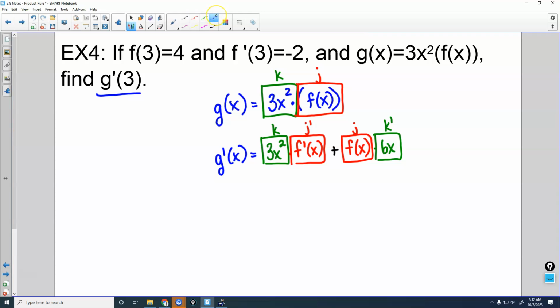So, I'm going to clean that up just a little bit. We usually like to put variables first. So it's 3x squared times f prime of x plus, let's put the 6x out front, 6x times f of x.